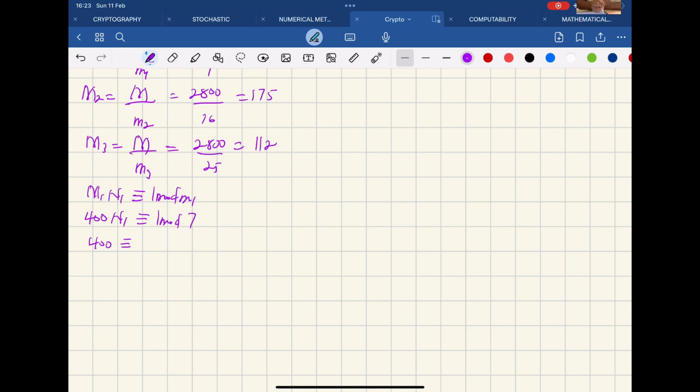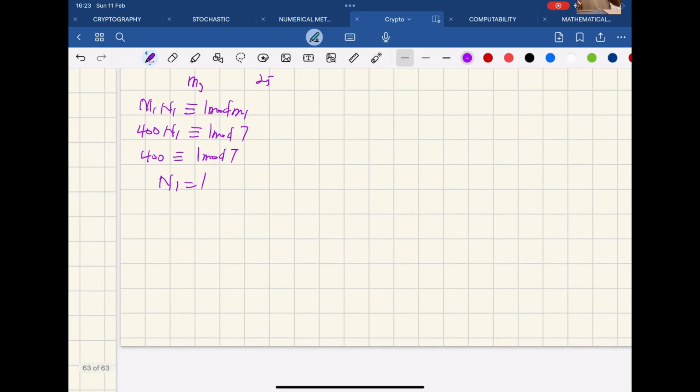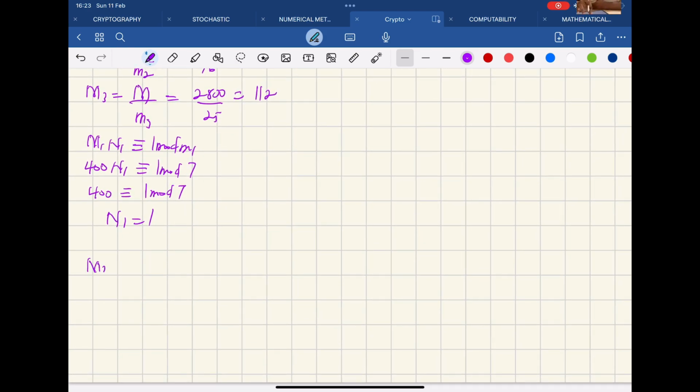Now we have to write 400 in terms of mod 7, and that is always going to be 1. So our N1 is equal to 1.